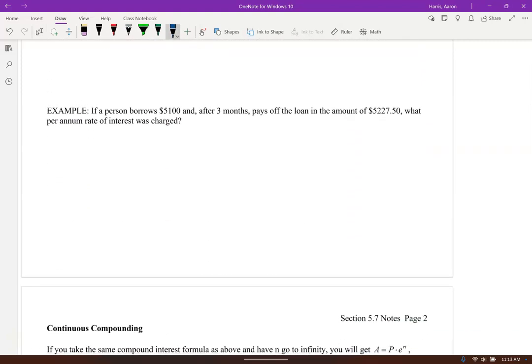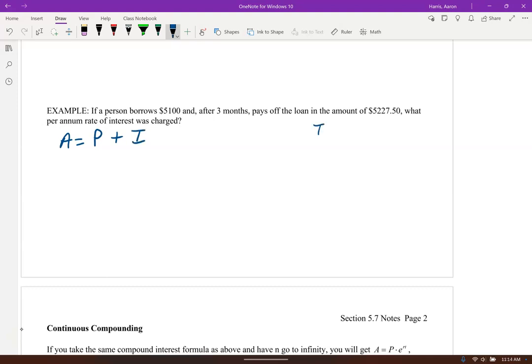This second one: if a person borrows $5,100 and after 3 months pays off the loan in the amount of $5,227.50, what per annum rate of interest was charged? The amount they paid off is the principal plus whatever they paid in interest.